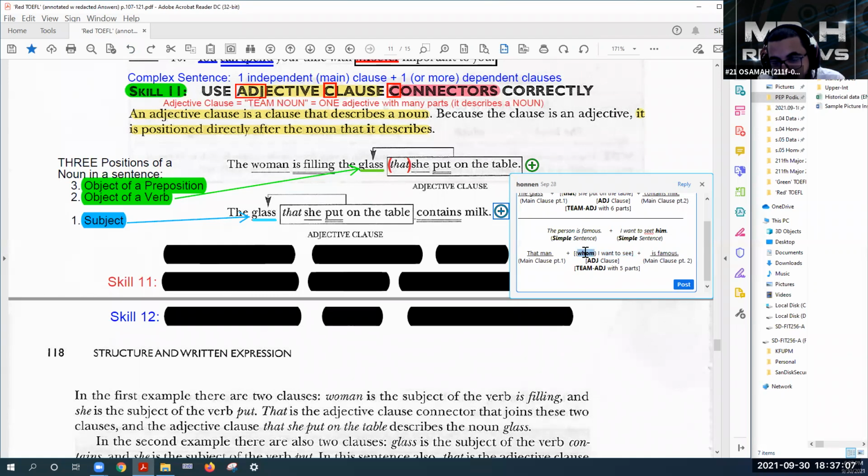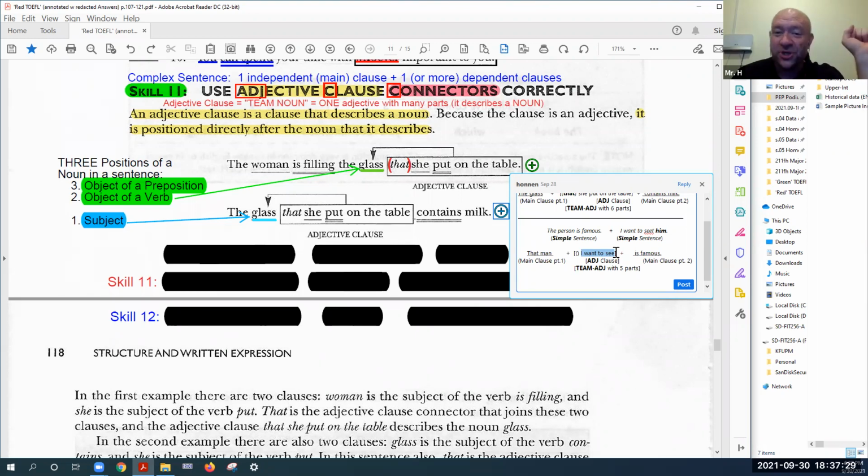Yes. It's optional. Use the clause, but don't use the connector. That man I want to see is famous. Say it faster. That man I want to see is famous. The man I want to see is famous.